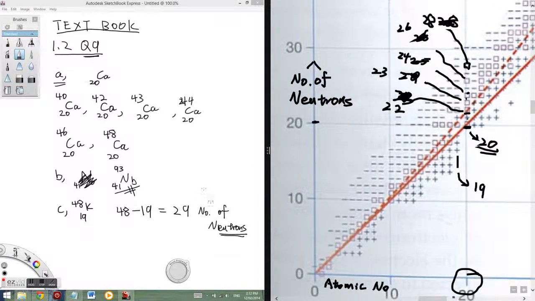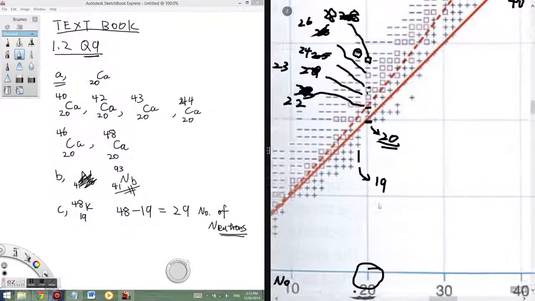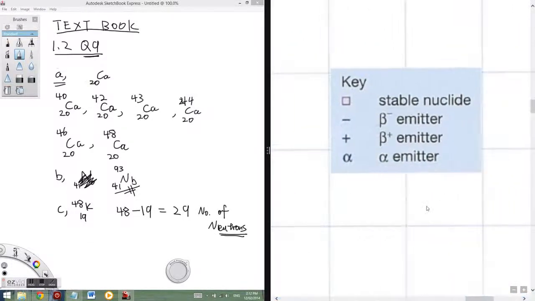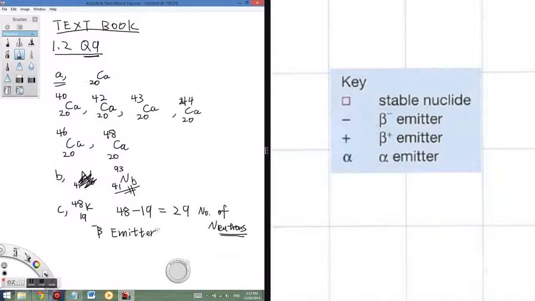I have 30 here, so 29 should be this one, with a minus sign. Let's go to the key of the chart. It's a beta emitter. So potassium 48 is a beta minus emitter.